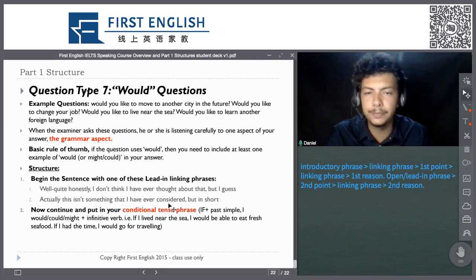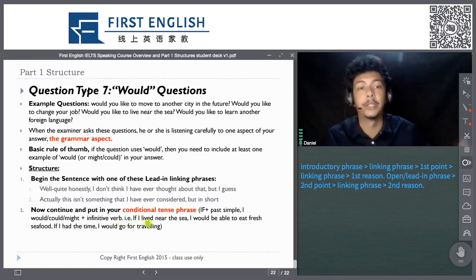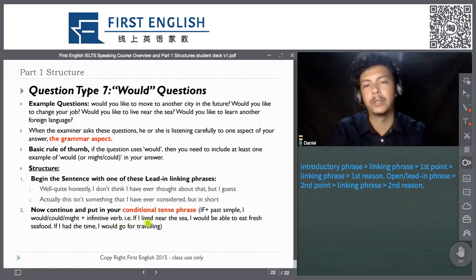But in short, that's a nice opening linking phrase to lead into your ultimate answer here, which is going to continue by putting in your conditional tense phrase, which is going to be if, past simple, and something like I would, I could, I might, the infinitive verb, move, live, whatever it might be, and then your response answering the question, obviously.